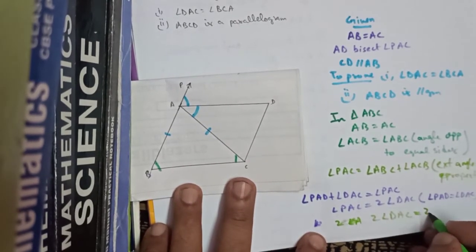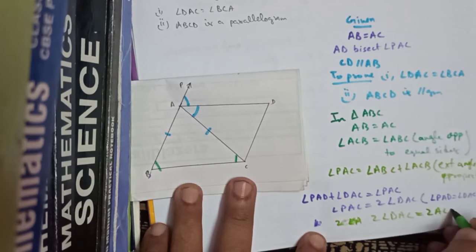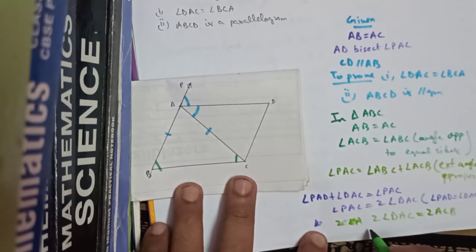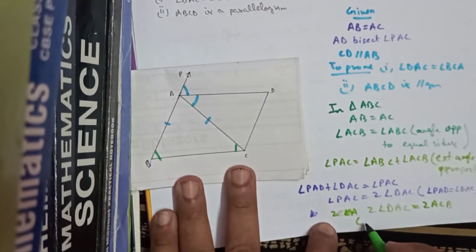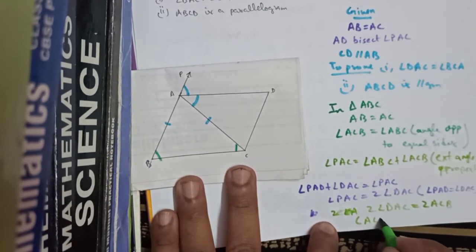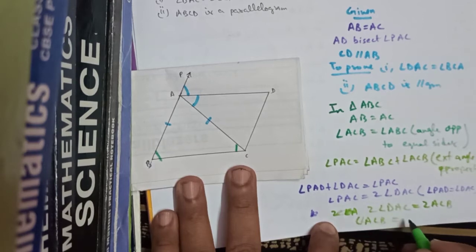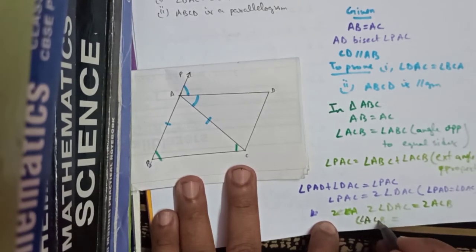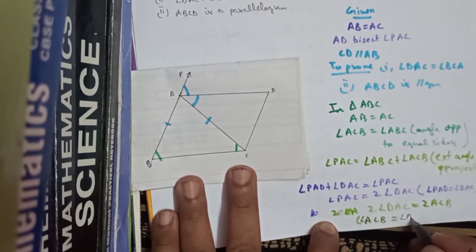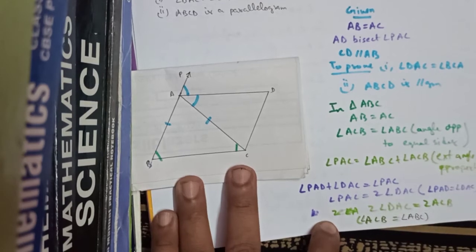So 2 times ACB. Why? Since angle ACB is equal to angle ABC.